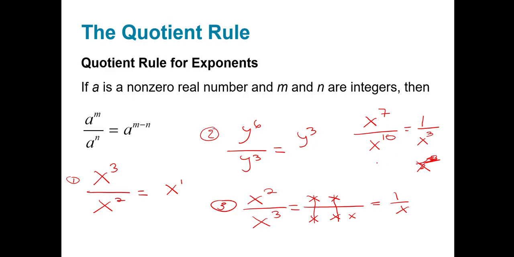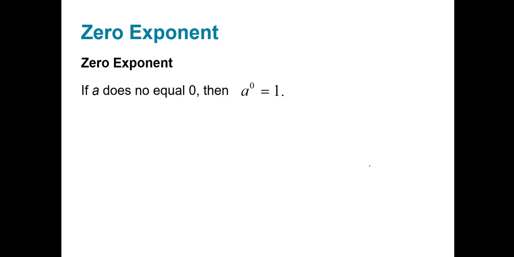All right? Then we have the zero exponent rule. This simply means anything to the power of 0 is just 1. So if I have x to the 0, that is 1. If I have b to the power of 0, that is 1. What about if I have negative b to the power of 0?